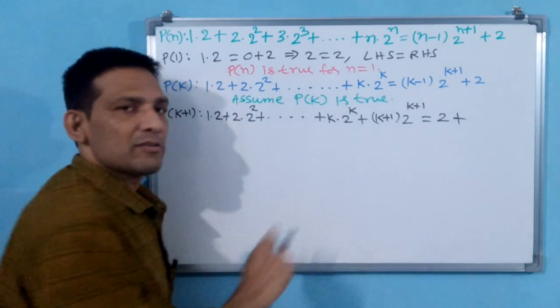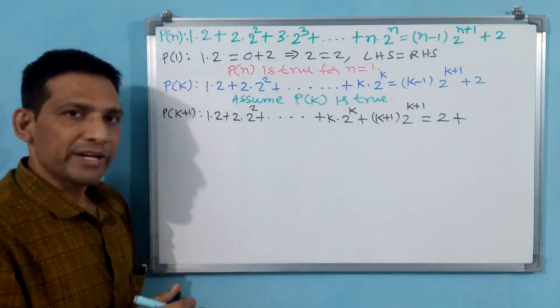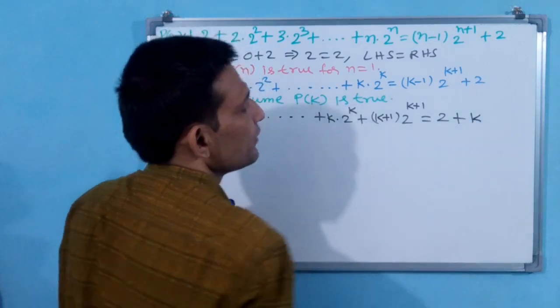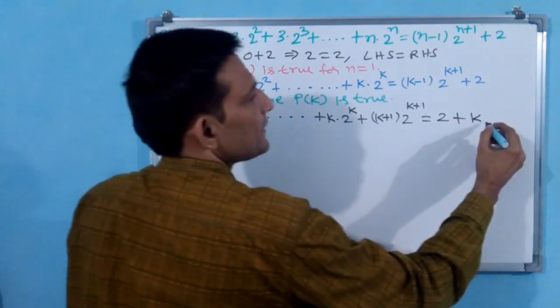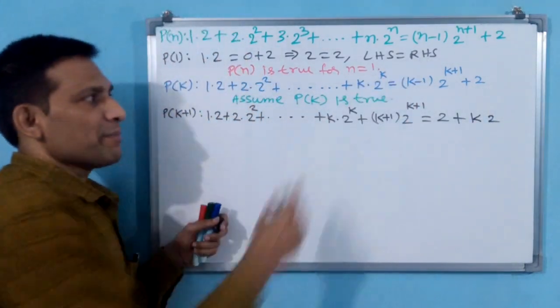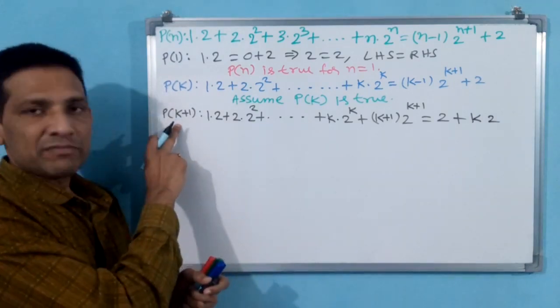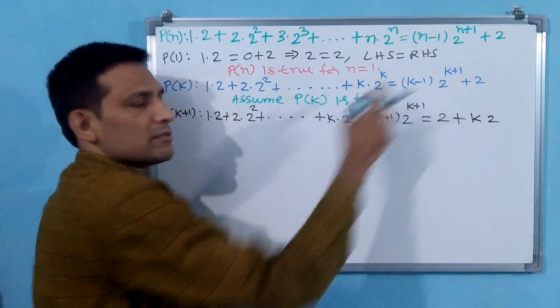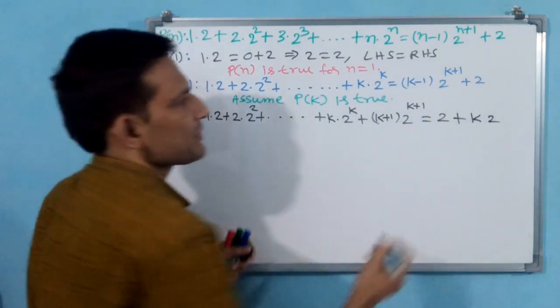K plus 1 minus 1, plus 1 minus 1 get cancelled, k is going to come. Write k into 2 power, k plus 1 in place of k: k plus 1 plus 1, k plus 2. Write k plus 2.